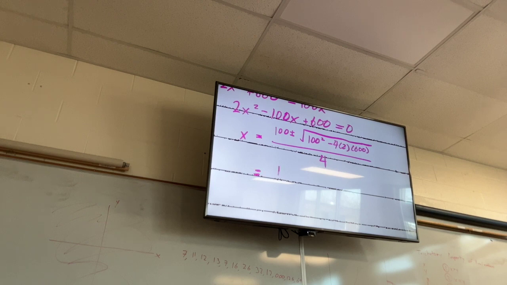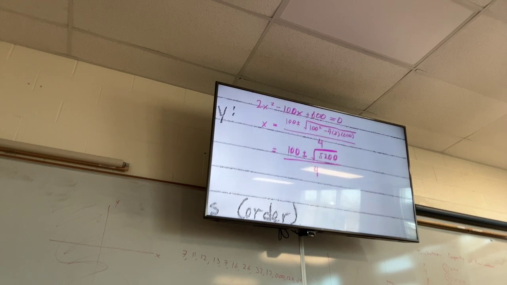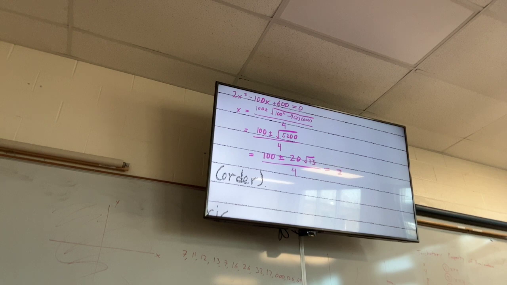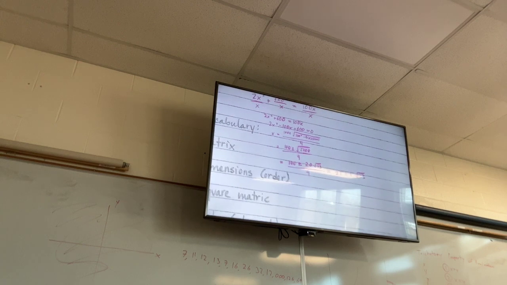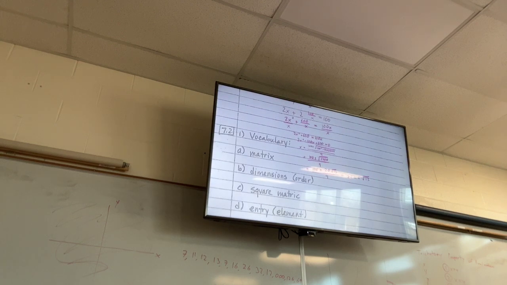So I get 100 plus or minus the square root of 5200 all over 4. Perfect square factors of 5200. That is 100 plus or minus, what is that, 20 root 13? 25 plus or minus 5 root 13. So there's my solution for x.